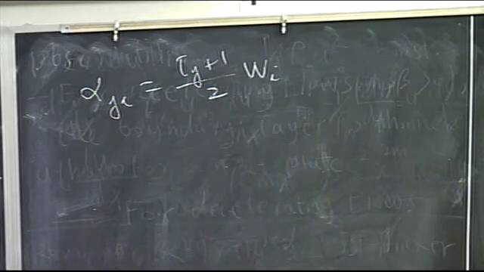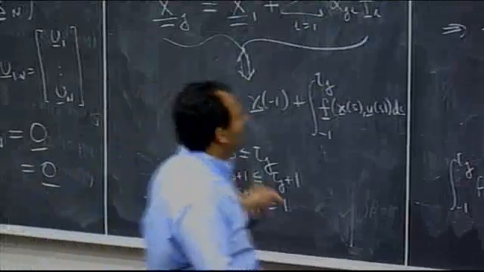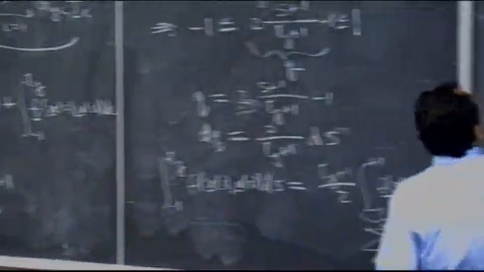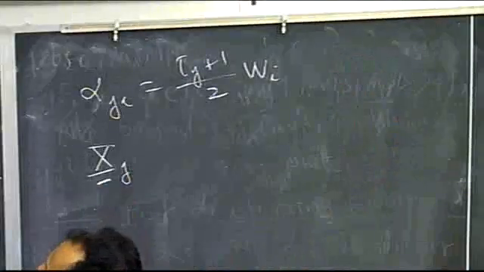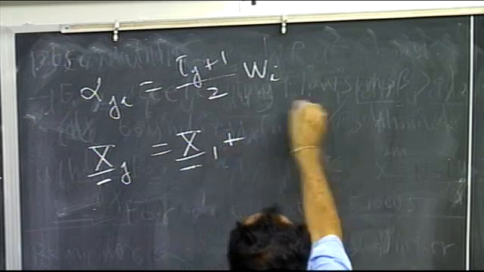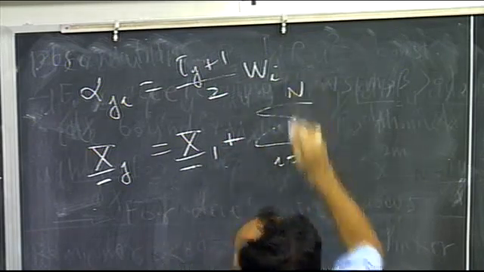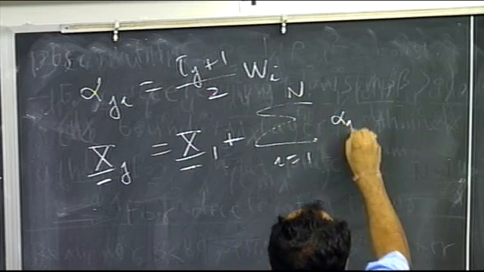Now, that's if I was doing this in integral form. That's what I would need to do if I was going to integrate this. And what I would get here, let's rewrite this equation, is xj is equal to x1 plus the sum from i equals 1 up to n of alpha ji fi.